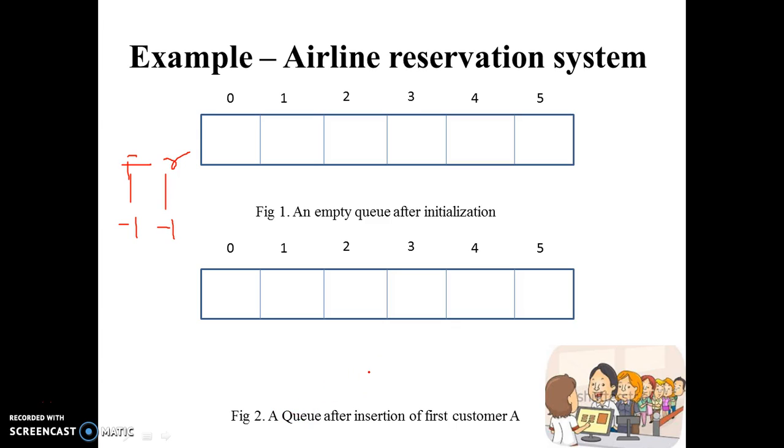If the customer A wants to get the service from the counter, then the customer A is inserted into the queue with the help of rear. The position of the front and rear become 0 because the element is inserted at position number 0.